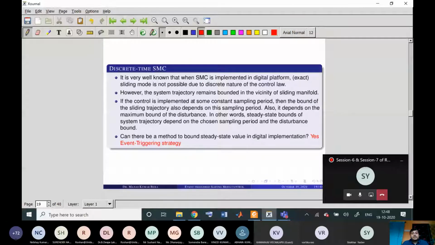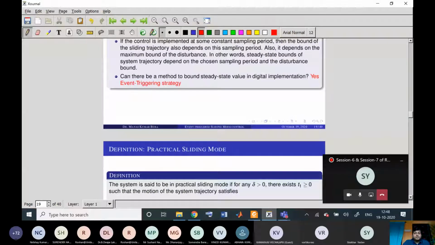And we will also see that the bound depends on the design parameter alpha, that is the event parameter. So once it does not depend on the sampling period or the disturbance bound, the designer has the flexibility to choose the steady state bound of the sliding trajectory accordingly. So it depends on the designer.